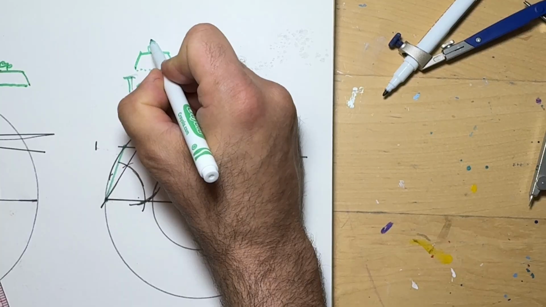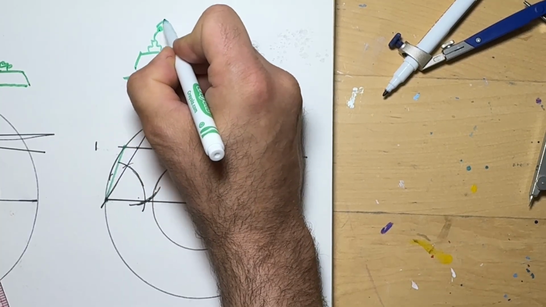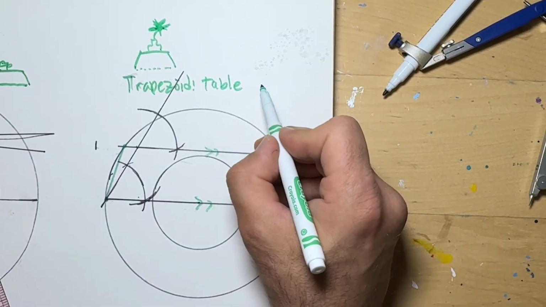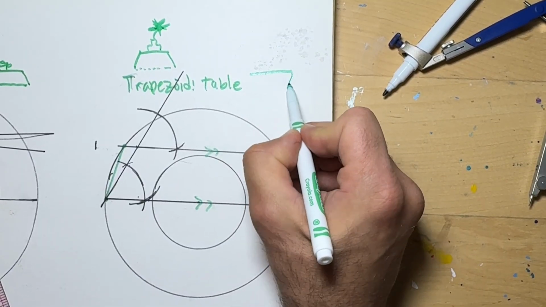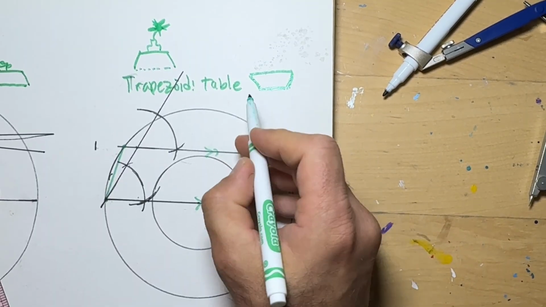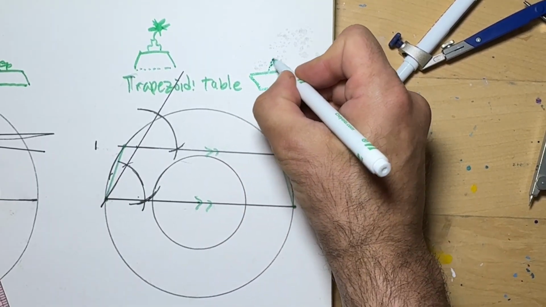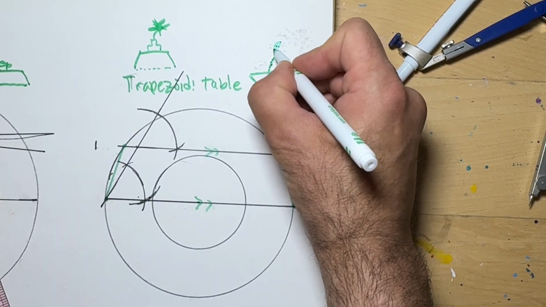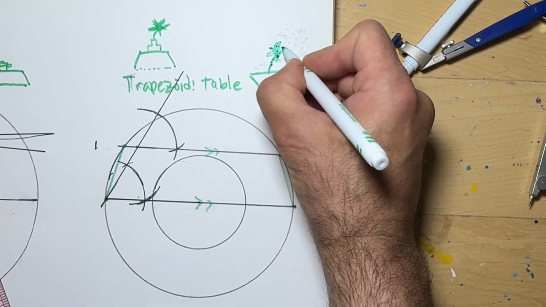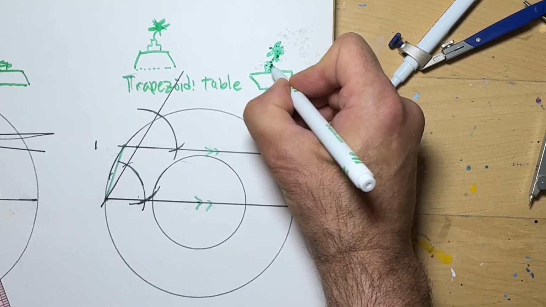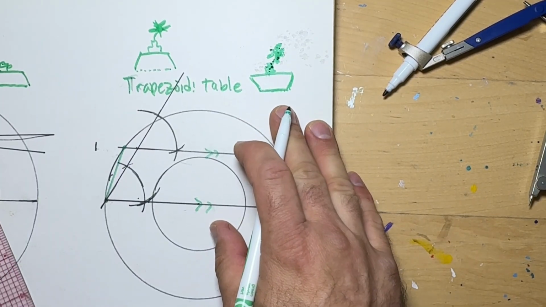That'll make a trapezoid. But then you could turn it around. I believe I've seen tables shaped like this in videos or pictures from Egypt. I forgot to make the vase. So we have a table.